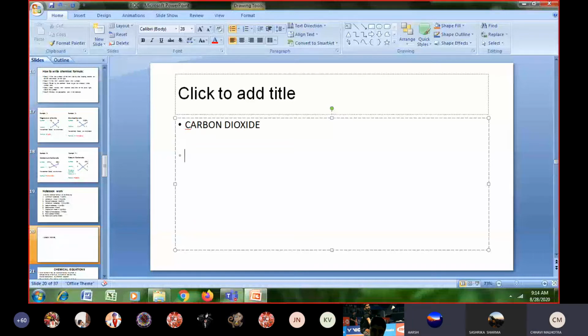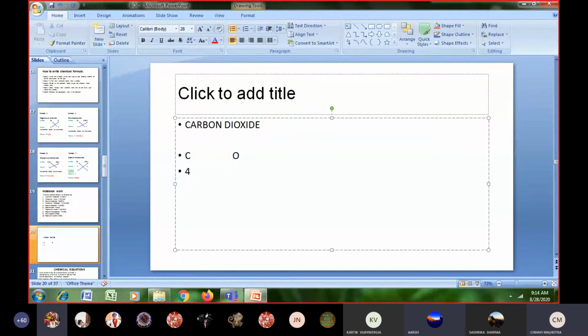CO2. The carbon symbol is C. What is the symbol for oxide? O is the symbol for oxide. What is the valency of carbon? 4.